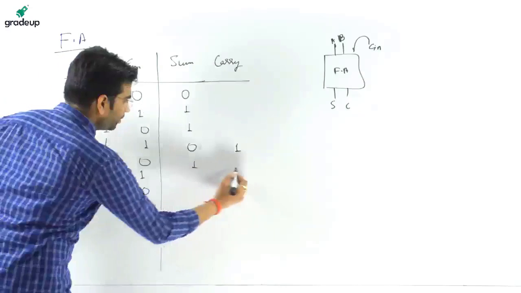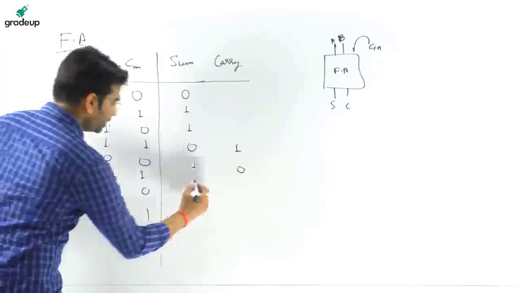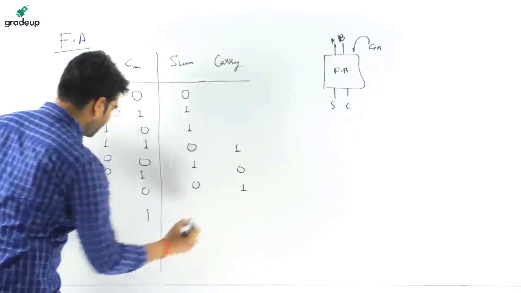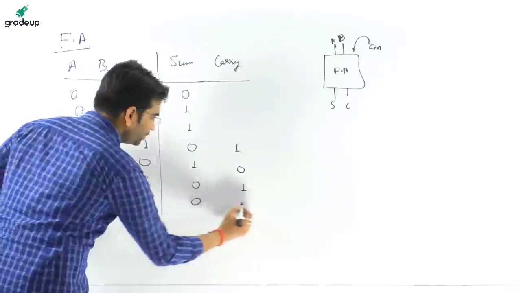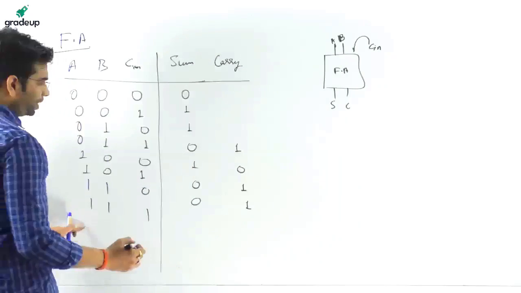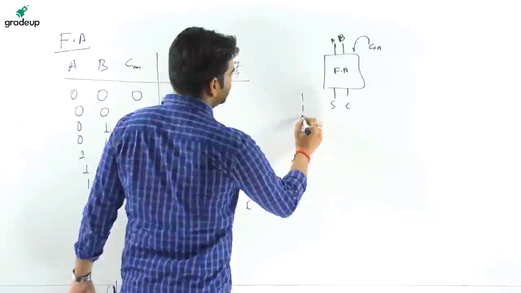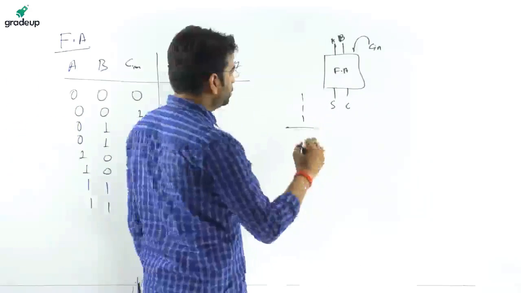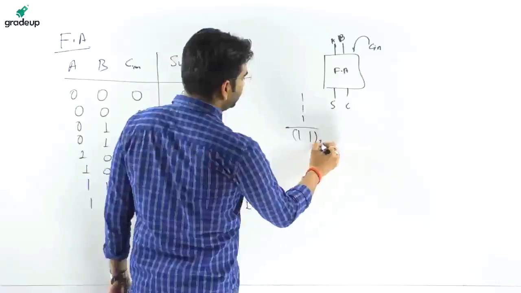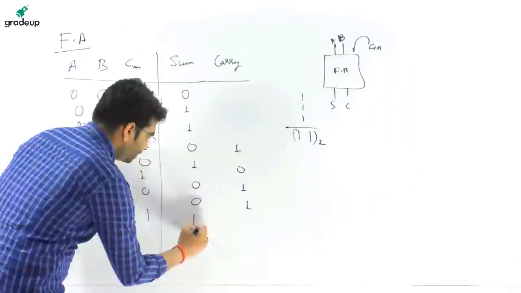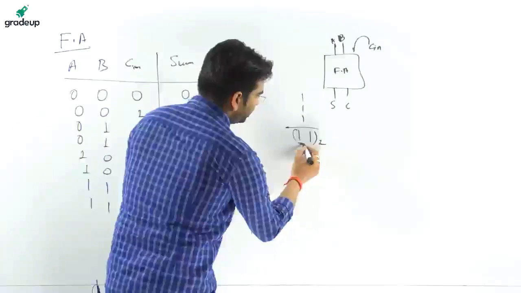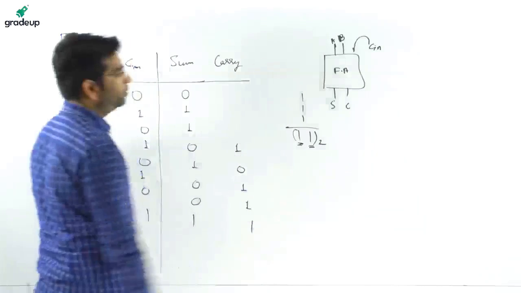Here we are going to get 0, carry is 1. Again we are going to get 0, carry is 1. Here we are going to 1 plus 1 plus 1. डेसिमल में 3 होता है, बाइनरी में ये होता है. ओके, carry will be 1 and sum will be 1.